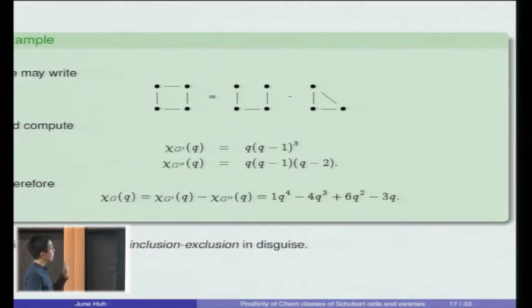So the graphs that you see on the right-hand side both have a smaller number of edges than the original graph, so you have an algorithm to compute these. But what you have seen in this slide is really the principle of inclusion-exclusion in disguise. So let me rerun this example from the point of view of certain algebraic varieties associated to graphs.